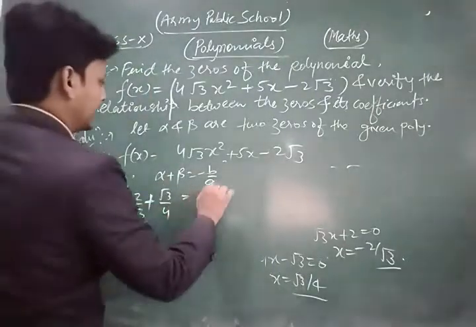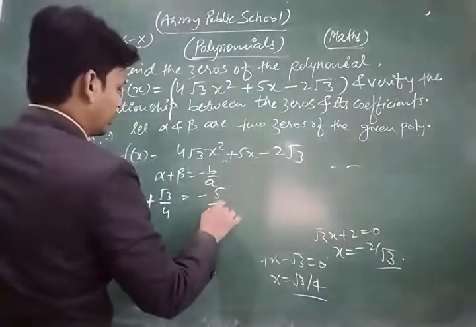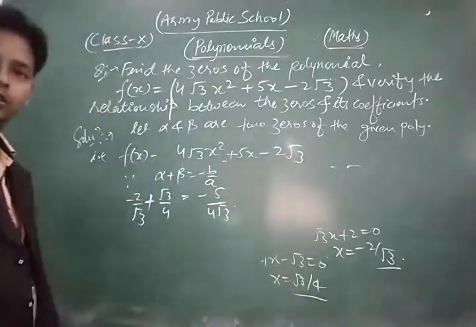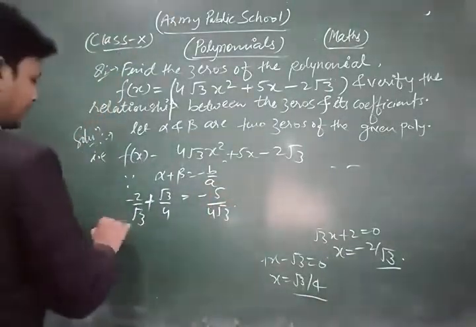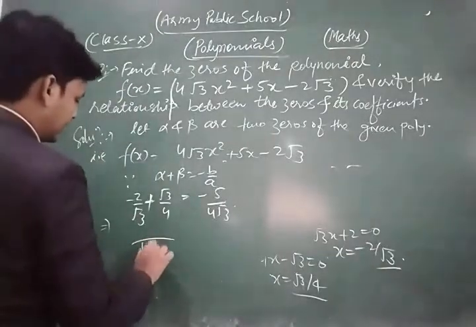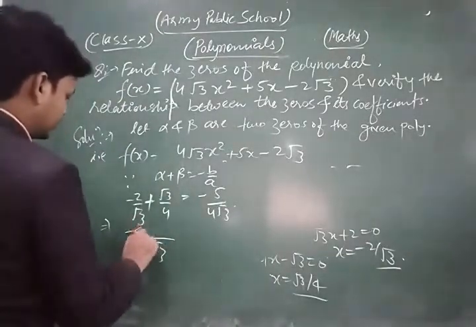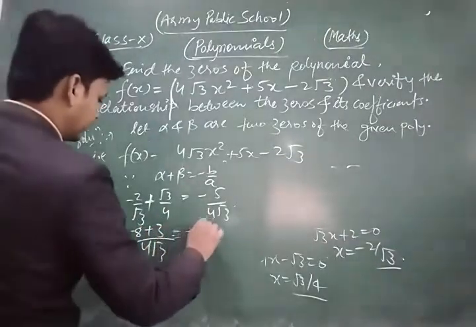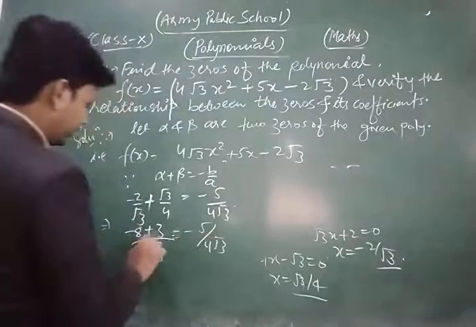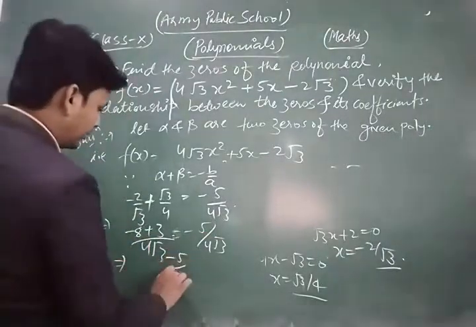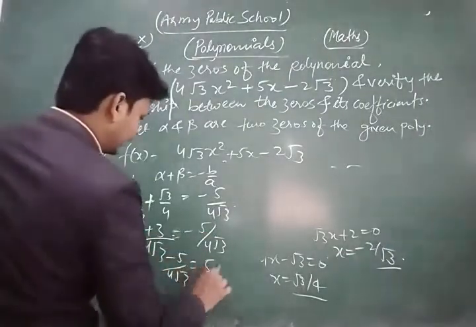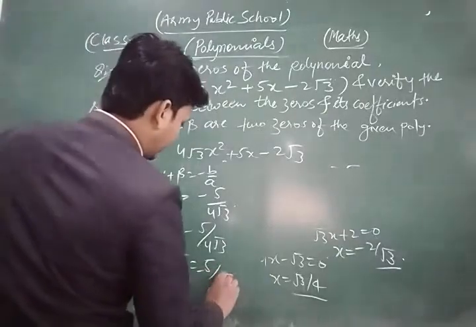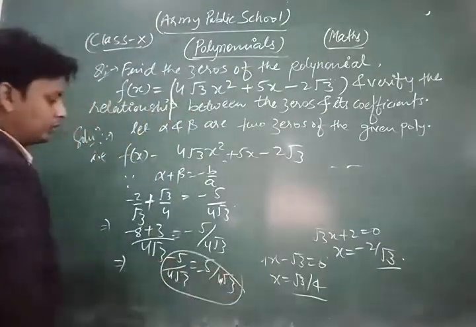Now minus 5 by 4 root 3 is left. Now we solve the left hand side: taking LCM 4 root 3, this is minus 8 plus 3, so we get minus 5 upon 4 root 3. The right hand side is also minus 5 upon 4 root 3, which is the same.